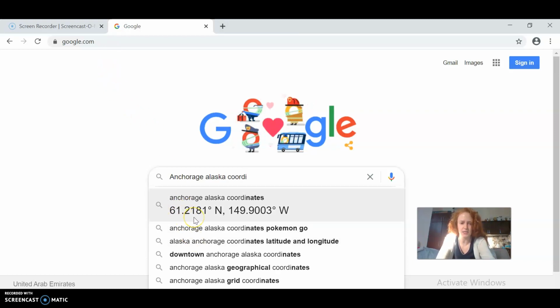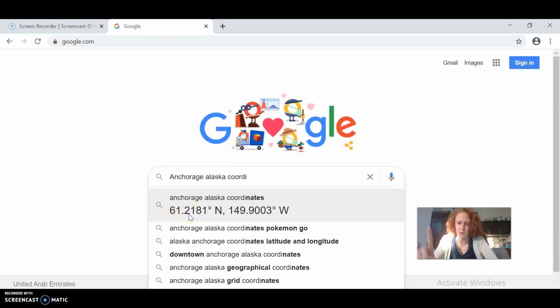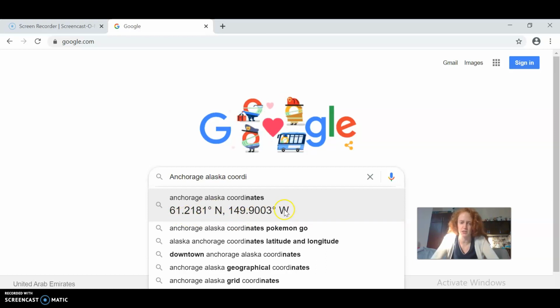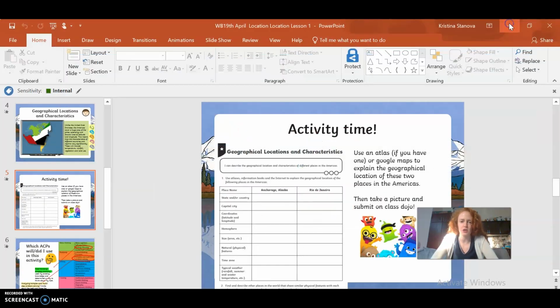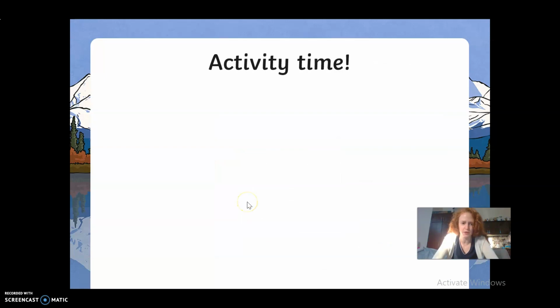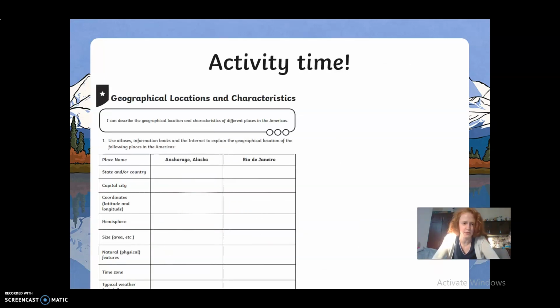Guys, this is very detailed, 61.2181 minutes, okay? Guys, it's enough to just write 61.2, just one decimal point, okay? 61.2 and 149.9 west, okay? North and west. So this is obviously latitude, that is longitude. You will find everything online, so you don't have to worry about not being able to find the information.